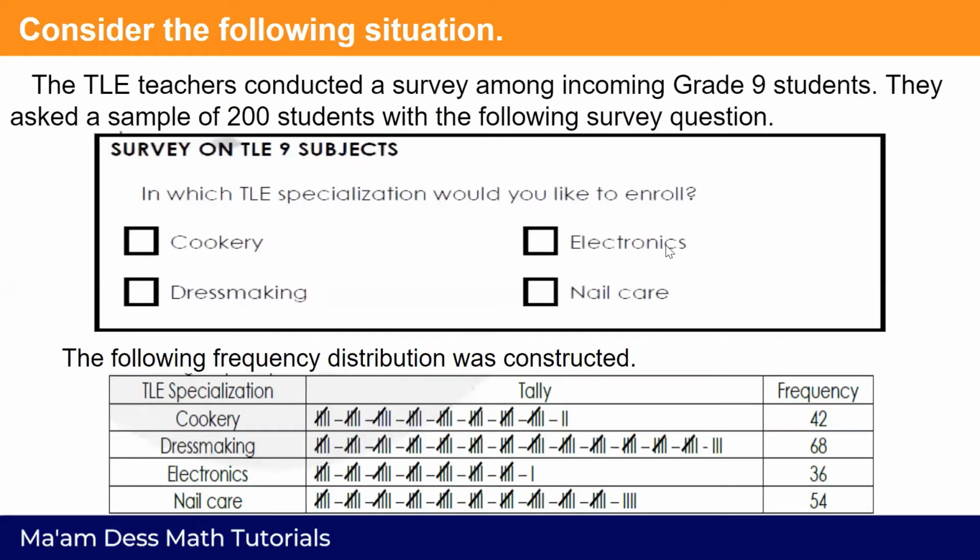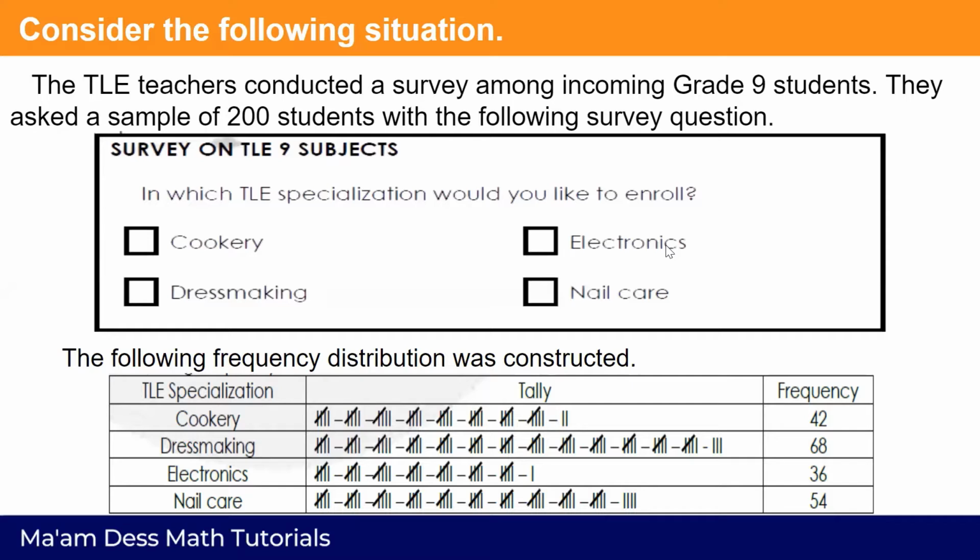The TLE teachers conducted a survey among incoming grade 9 students. They asked a sample of 200 students with the following survey question. We have the survey on TLE 9 subjects. The question is, in which TLE specialization would you like to enroll? Cookery, dressmaking, electronics, and nail care.